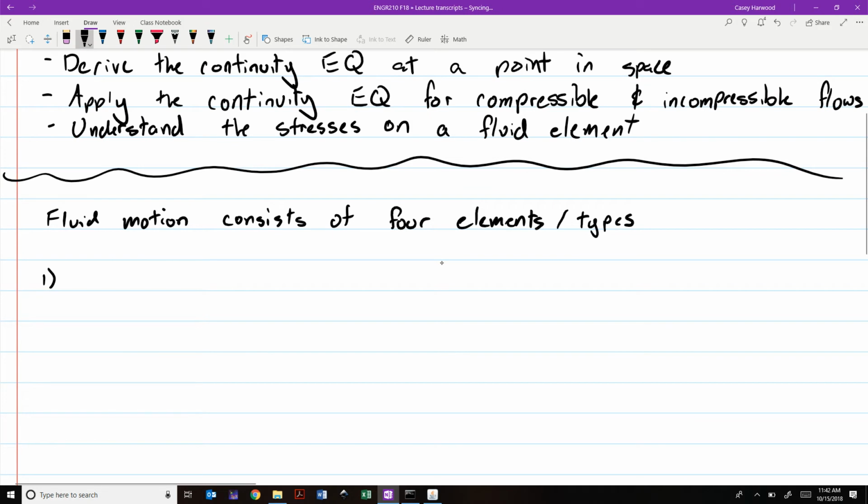The first was translation. This is simply how a fluid particle gets carried by the flow. So we can say that the rate of translation is the background velocity V.